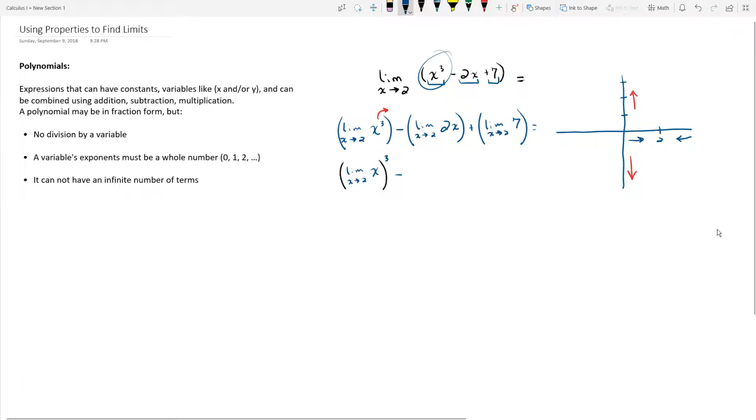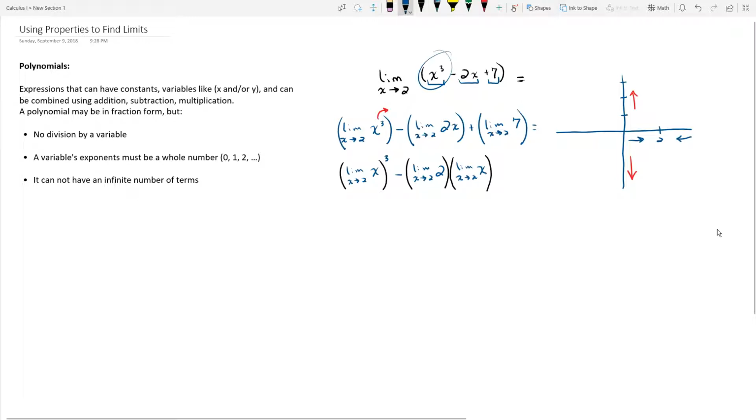Next, we have multiplication. We have 2 times x. So we can separate this and we can say that it's the limit as x approaches 2 of 2, multiplied by the limit as x approaches 2 of x.